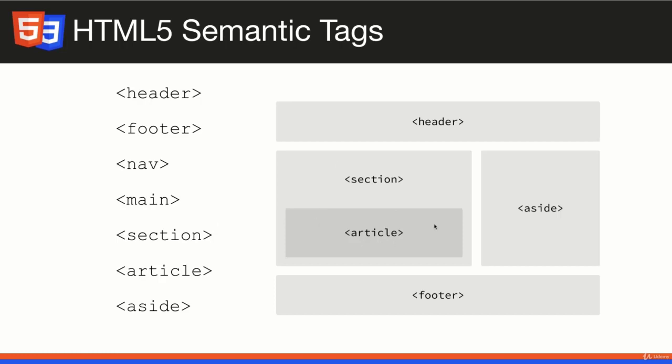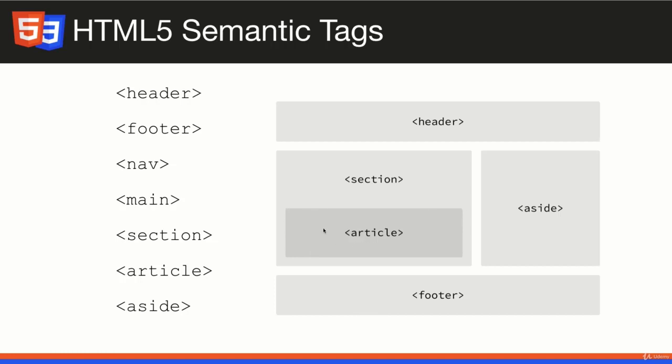Section is going to be just that. For instance, the about div that we had, and then the contact div, that's where I would use a section. Instead of using a div there, I'd say section and maybe still give it an ID of about or whatever. And then article is going to be used for just that. If there's an article post or a blog post, a lot of times you'll see multiple blog posts and then maybe a read more button or something.